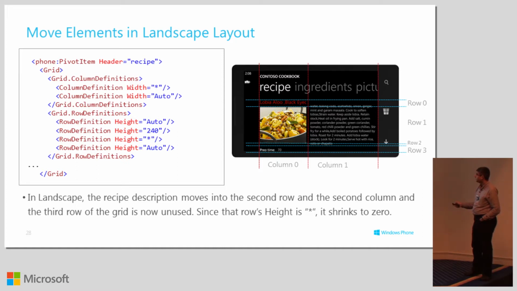Now what happens is, when I change the orientation, it's the same layout, but since I have space here, the text moves to the right, and I have a proper layout. So here, this is the first column, this is the second column. What I have done is just moved the description from the second row to the second column, and the orientation is much better.